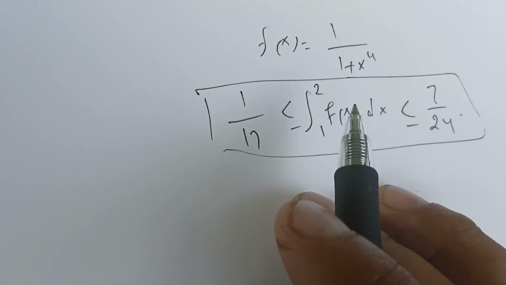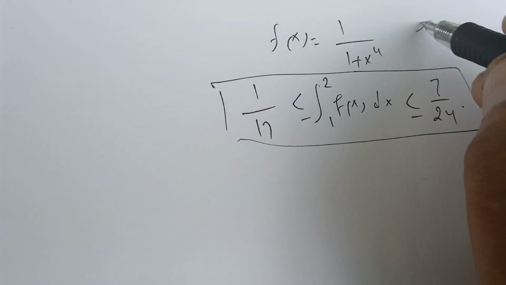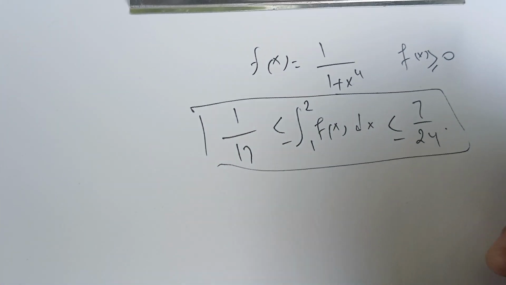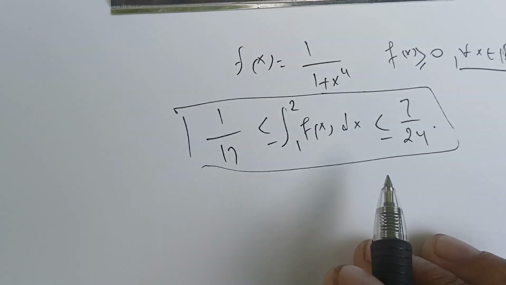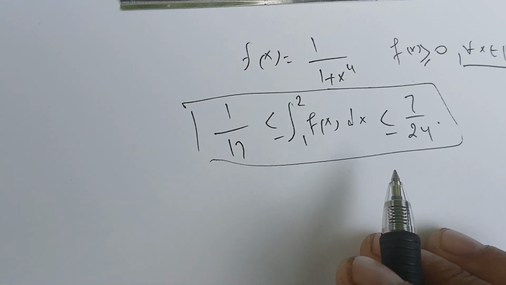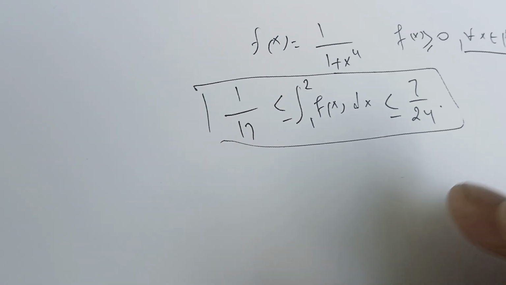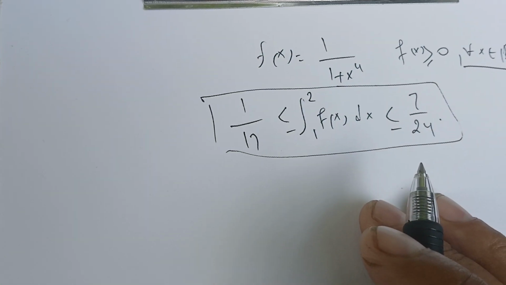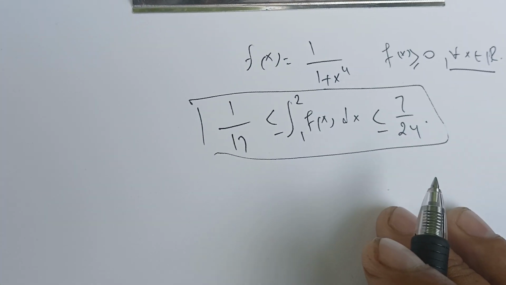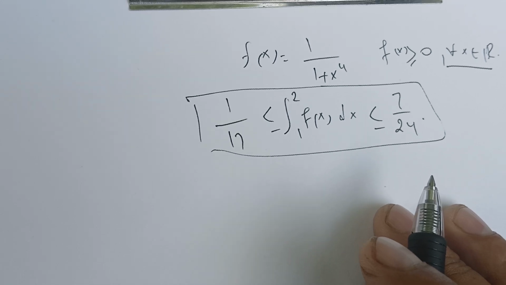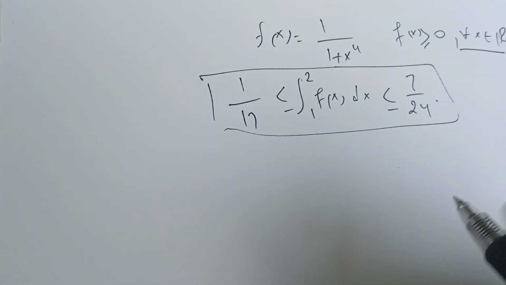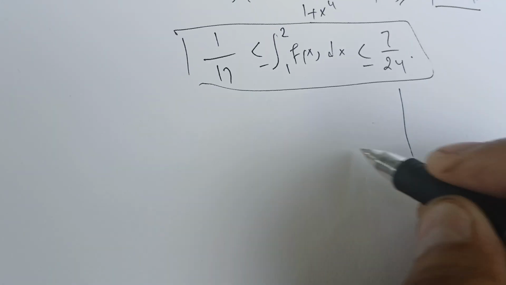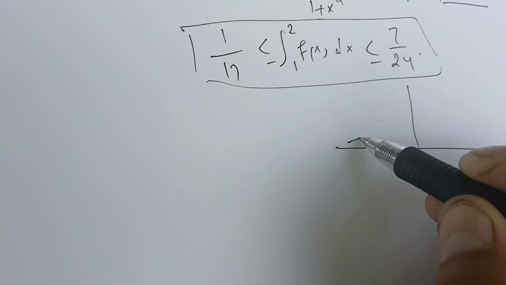The first thing that we need to notice is that our function f of x is bigger than 0 for all x's in R, because it's a reciprocal of 1 plus a square. Therefore, it's always positive. In fact, it's never 0. Let me graph it a bit here.